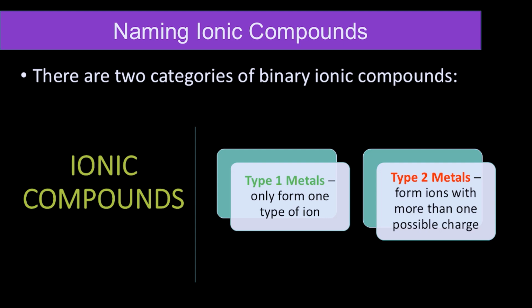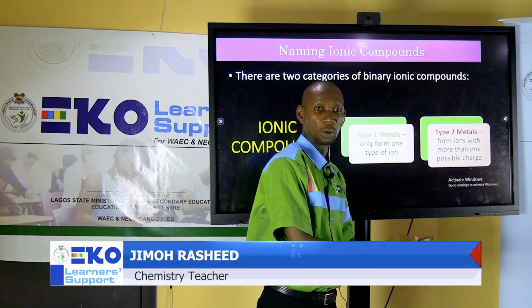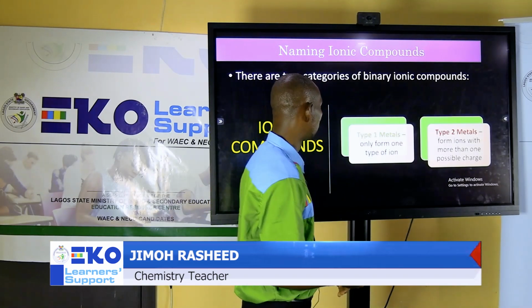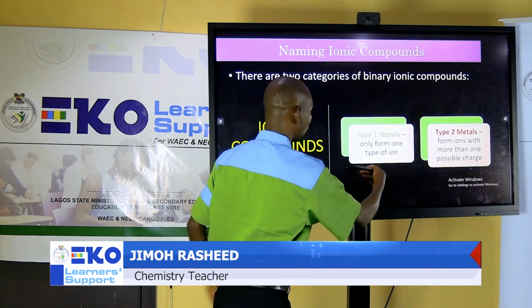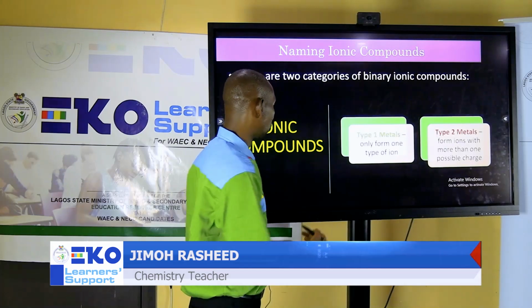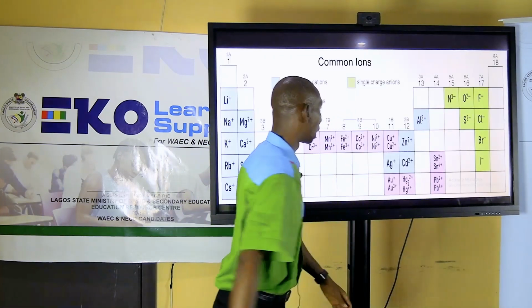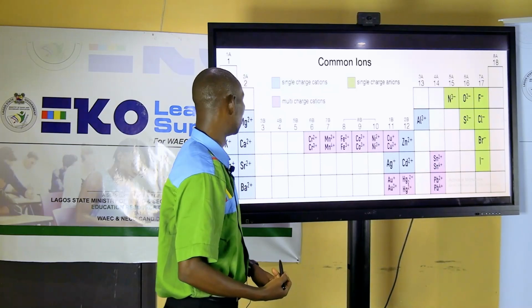These are the transition metals, and this is because they have multiple charges. For example, you can have copper existing as copper 1 in some compounds and copper 2 in other compounds. So these are the 2 classifications: ionic compounds with type 1 metal and type 2 metal, and we will be looking at both in this video.